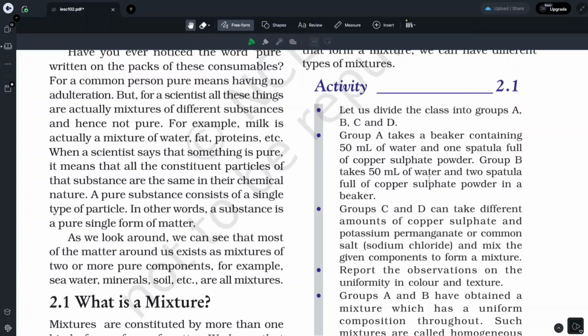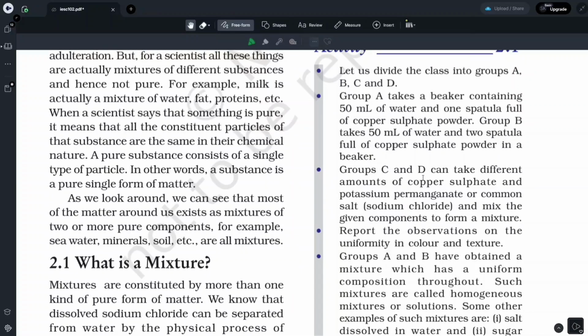Group B takes 50 ml of water and two spatulas full of copper sulfate powder in a beaker. Groups C and D can take different amounts of copper sulfate and potassium permanganate or common salt, which is sodium chloride, and mix the given components to form a mixture. Report the observation on the uniformity in color and texture.